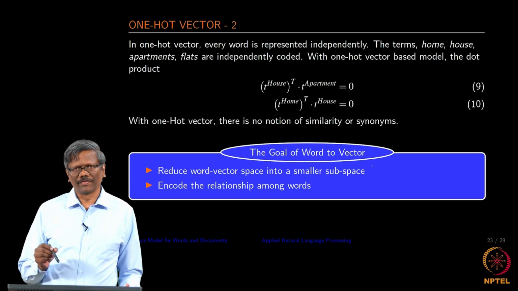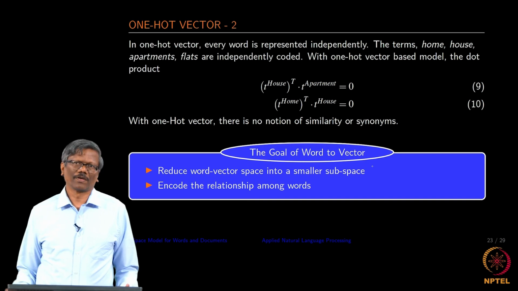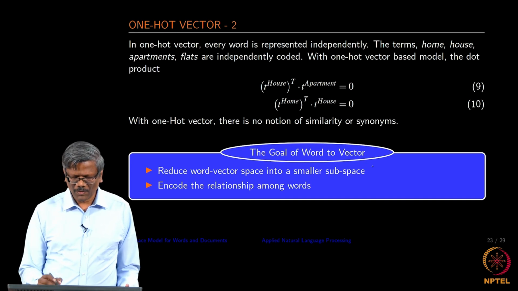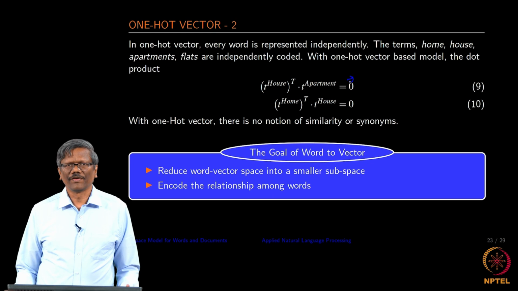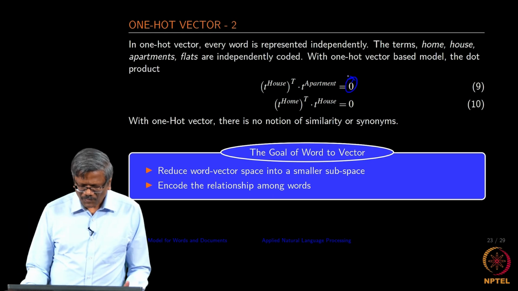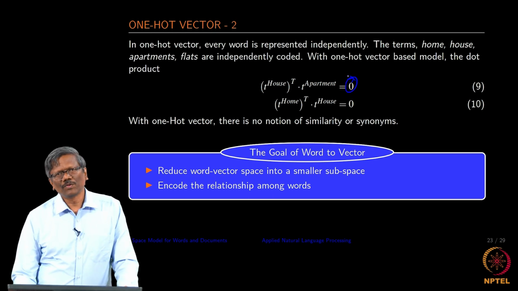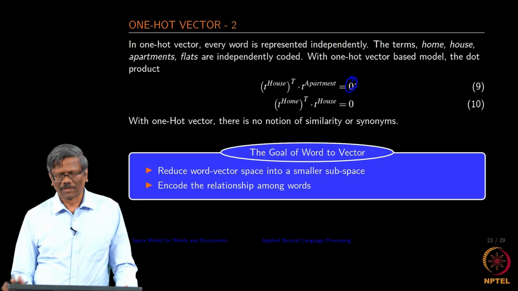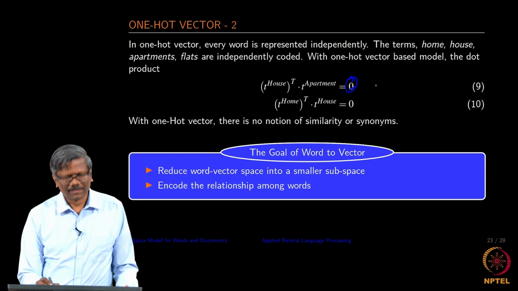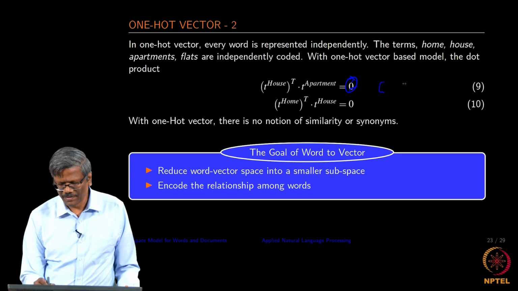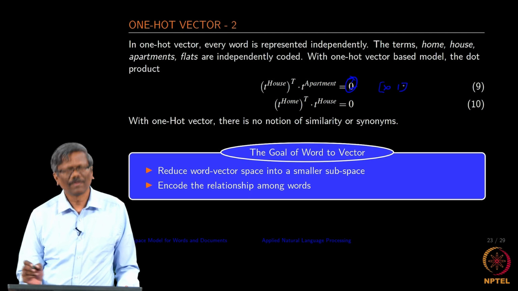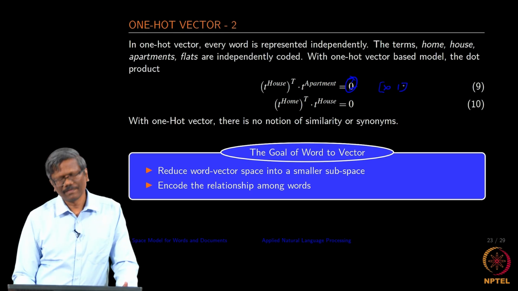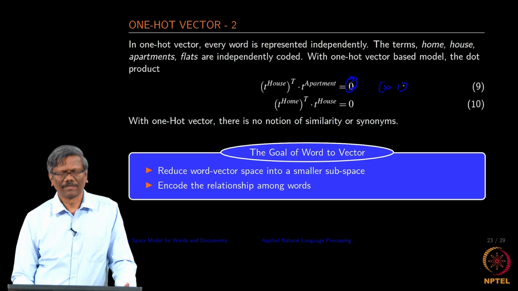When you do a dot product, what you get is a 0 here. When two vectors are similar, the value will not be equal to 0, it will be somewhere between 0 and 1.